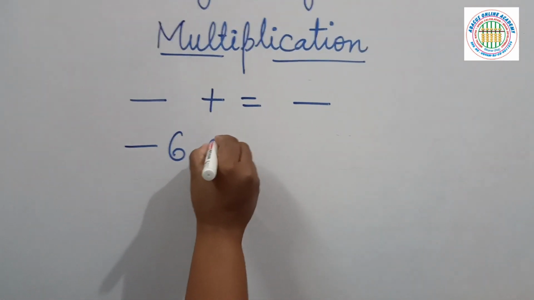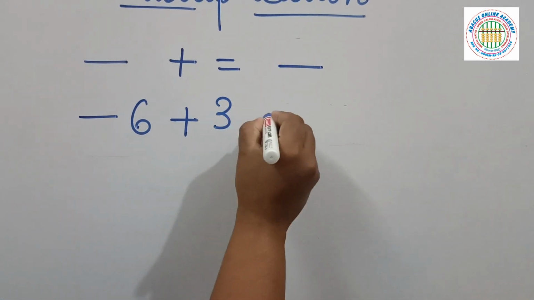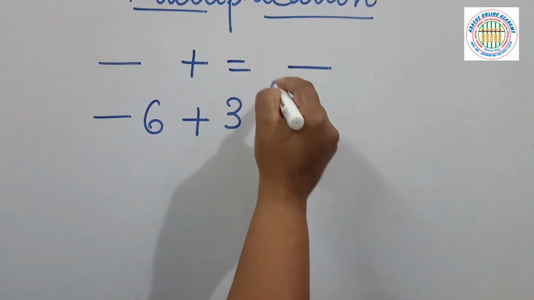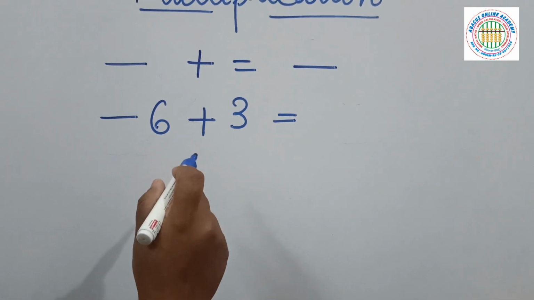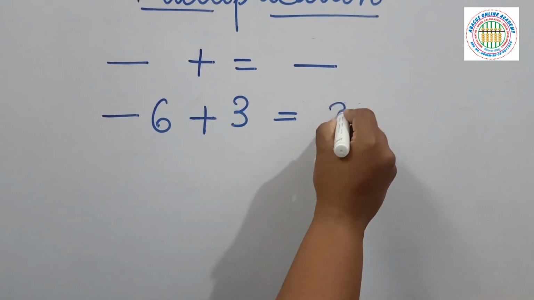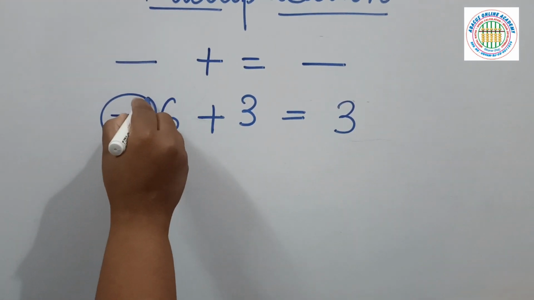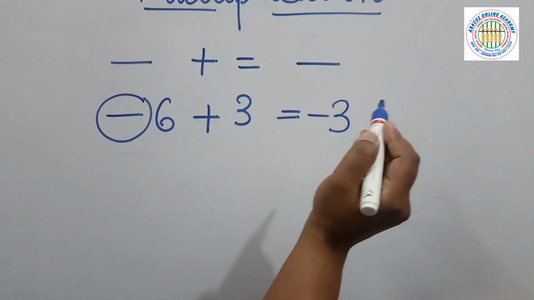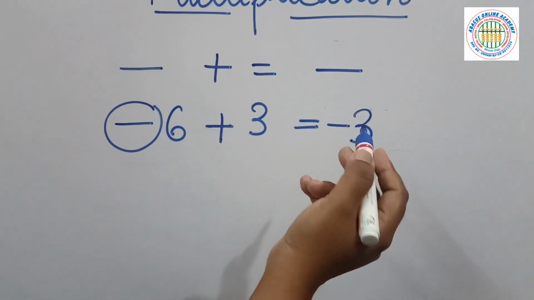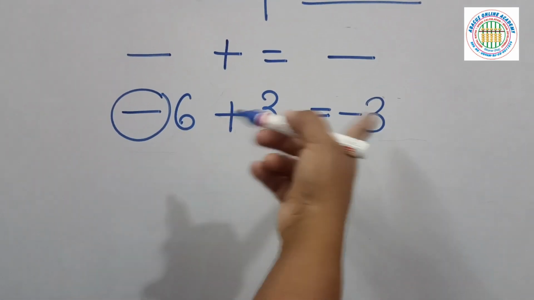Okay, minus 6 plus 3. What do you do now? Subtract. 6 minus 3 is 3. And you will put the greater number's sign, that is minus 3. This is of addition properties.